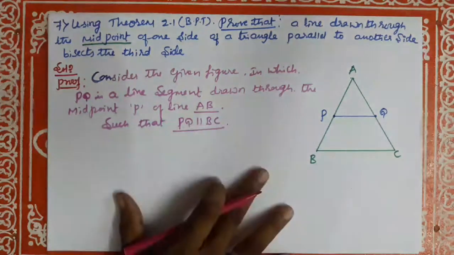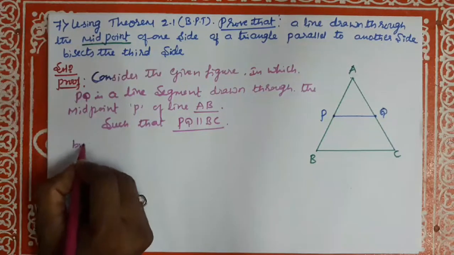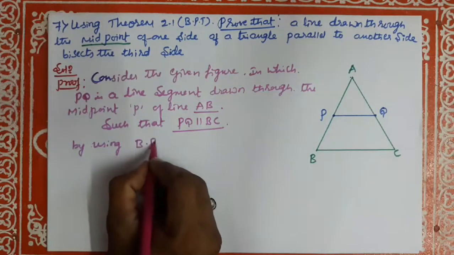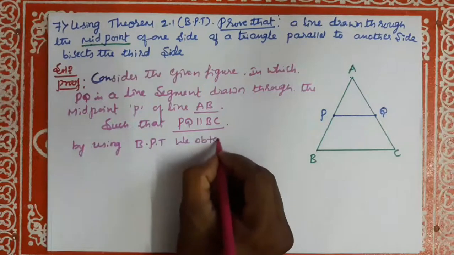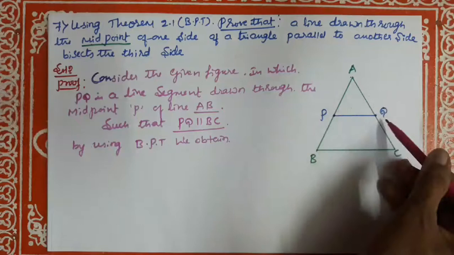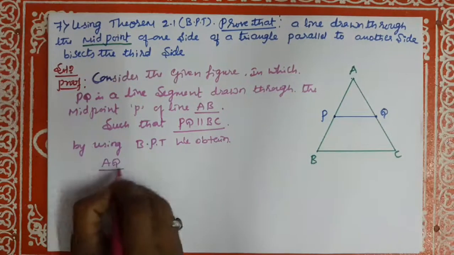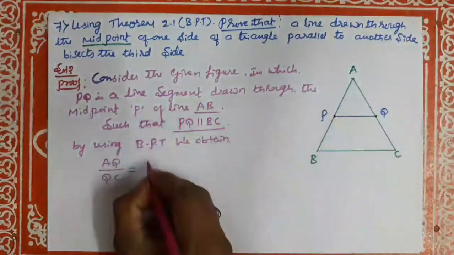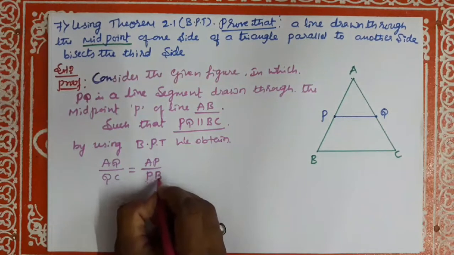By using the basic proportionality theorem, we obtain AQ by QC is equal to AP by PB.